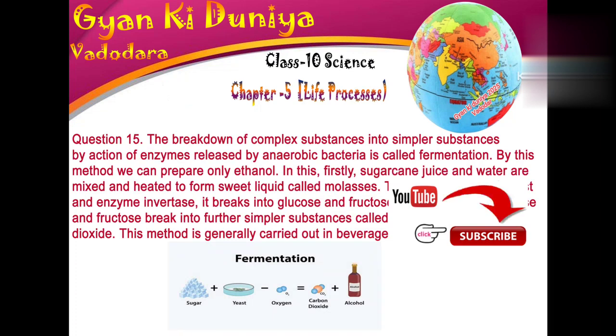Question number 15. The breakdown of complex substance into simpler substance by action of enzymes released by anaerobic bacteria is called fermentation. By this method, we can prepare only ethanol. In this, firstly, sugarcane juice and water are mixed and heated to form sweet liquid called molasses.